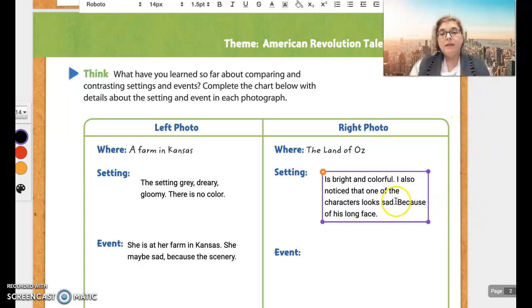We know that character to be the Tin Man, right? I should have put a comma there, sorry.